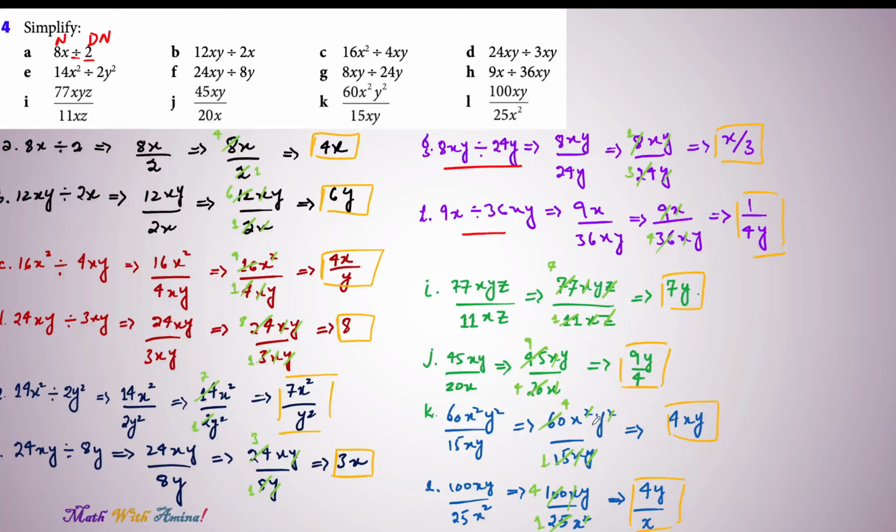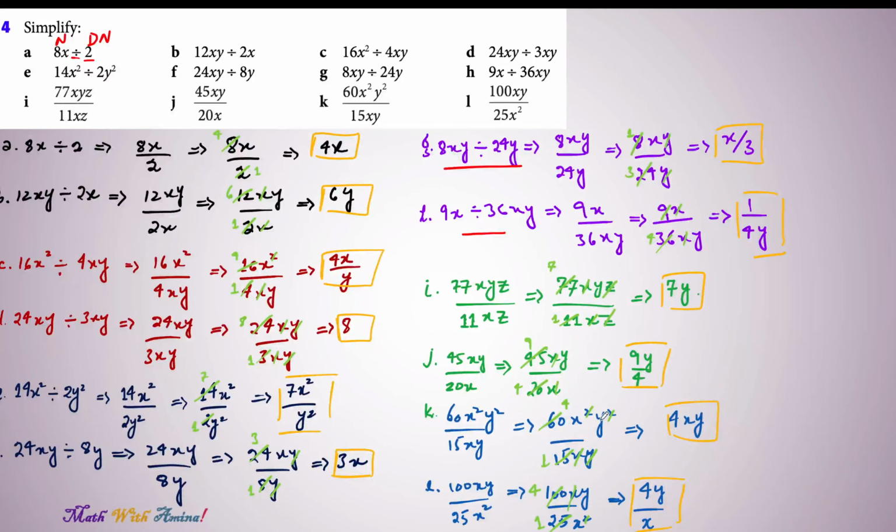Now we will look into the variables. X is mentioned twice in the numerator and once in the denominator, because in here the power is 2, in the denominator the power is 1. So 1 of x will get cancelled with 1x in the denominator, and so in the numerator we will have only 1x remaining.